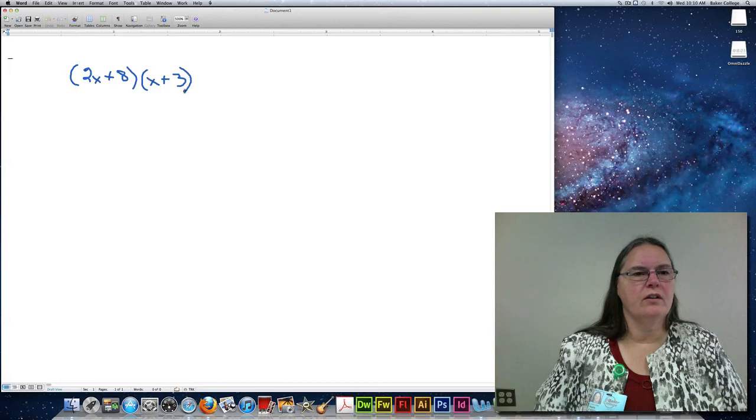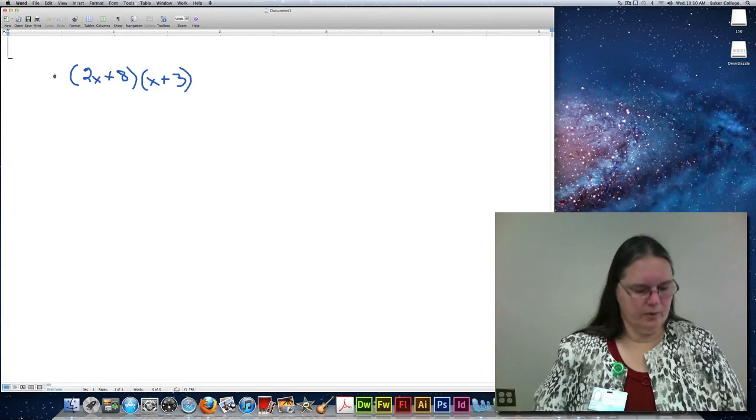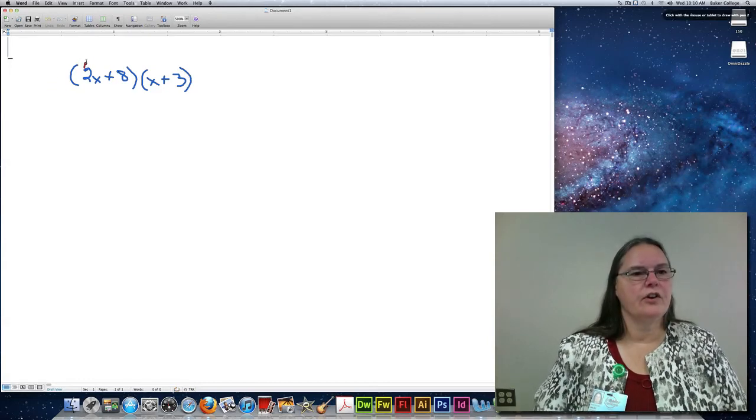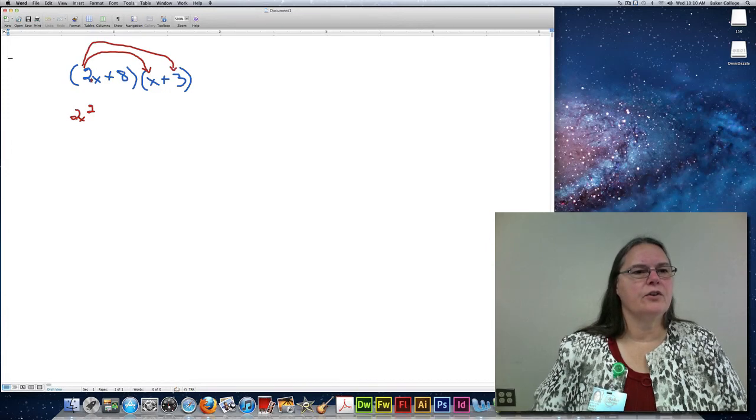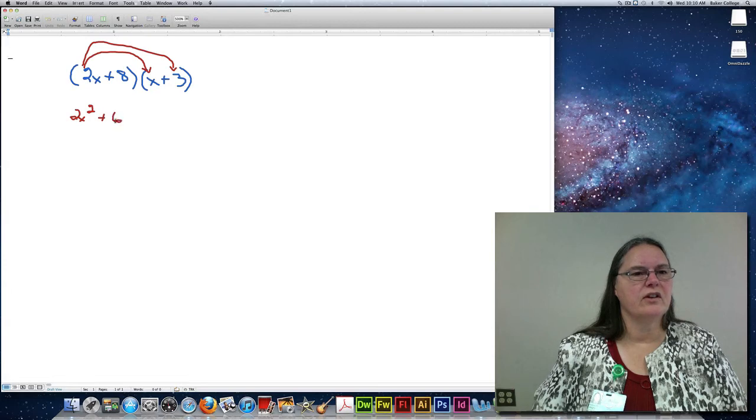We're going to FOIL. So we're going to do our first to the first. There's the f. So this becomes 2x squared. We have 2 x's, so it's squared. Then we're going to take this over to the 3. 2 times 3, it's positive again, so it's 6x.